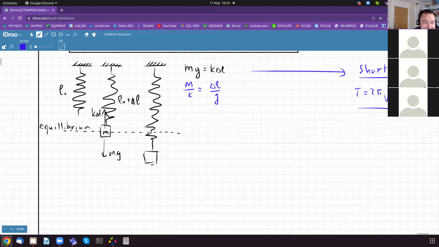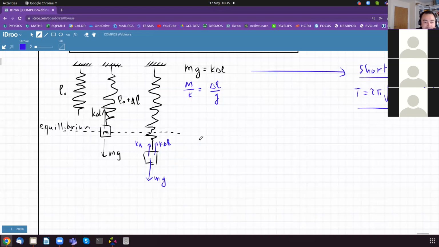and we are looking at the forces acting on the mass. And of course, there's going to be a gravitational force down, mg. There is an upwards force of kx, and there's another upward force of k delta L. Well, you could say it's k times x plus delta L, the total extension.